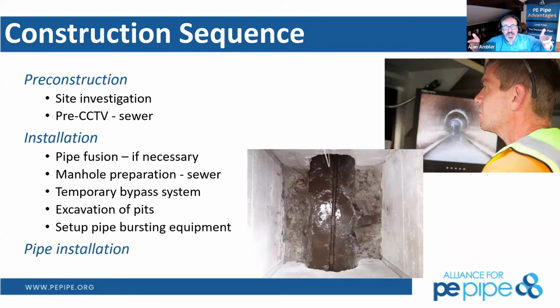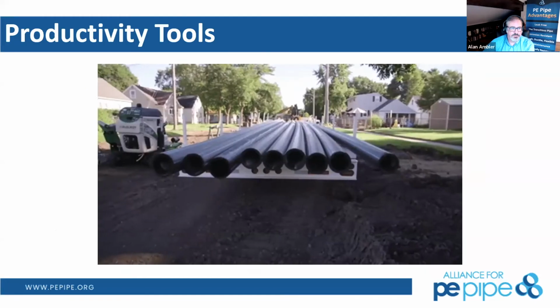With the cable that we have, we simply break out the manhole wall to allow access for that pipe to move through. And as long as there's no change in alignment, you absolutely can burst through multiple manholes. Then you can rebuild the manhole in whatever way, shape, or form you need for the channel.